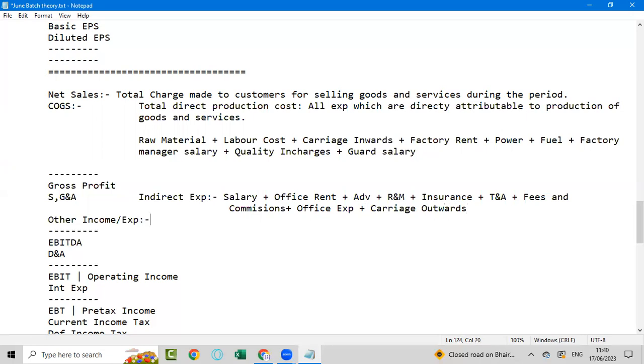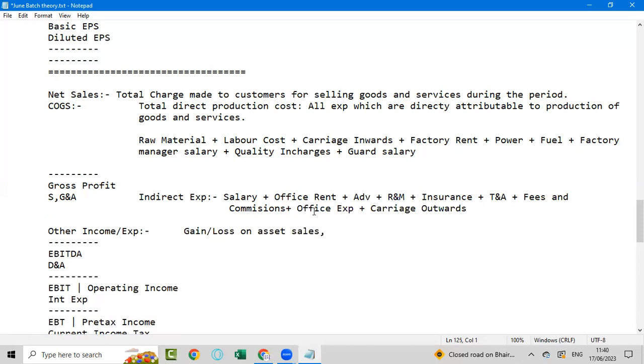Other expenses, those expenses which are not a part of COGS or SG&A but have been incurred, you will report them here. Like gain or loss on asset sales, restructuring, dividend, rent, interest incomes.